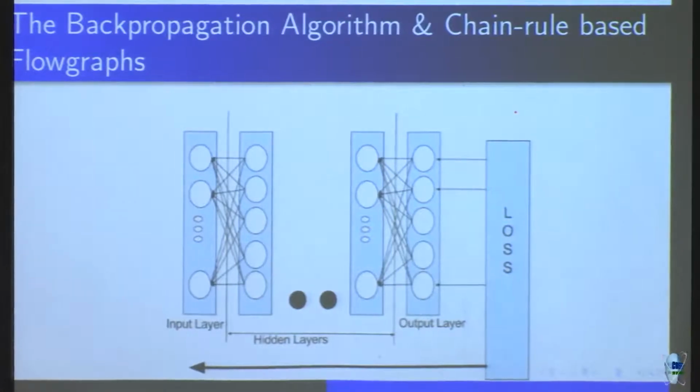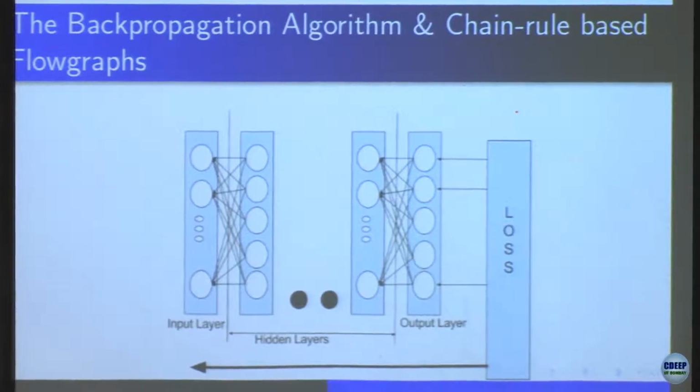Okay. So now one may ask, I do chain rule, but I mentioned memoization. Why memoization? Chain rule is one part of backpropagation. Chain rule is saying that the loss is here, and with respect to the output I can directly compute the partial derivative.